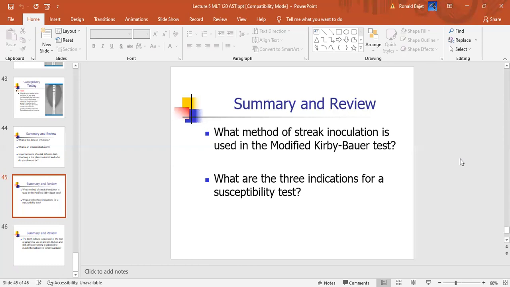So if it grows up at the top, what type of organism is it? Is it obligate or facultative? Obligate what? Aerobe, because it grows near the top, okay? And does it oxidize glucose or ferment? Oxidizes glucose.